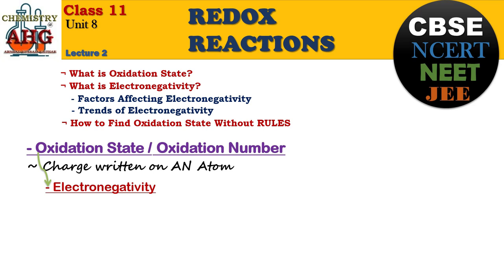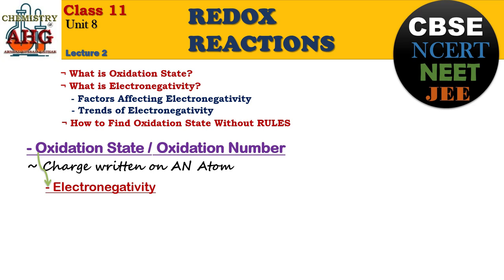So this means whenever an element is more electronegative, it gets a negative charge on itself in a compound, since it attracts electrons towards itself. This is one thing you must remember: what electronegativity is and what is the outcome of the more electronegative nature of an element.